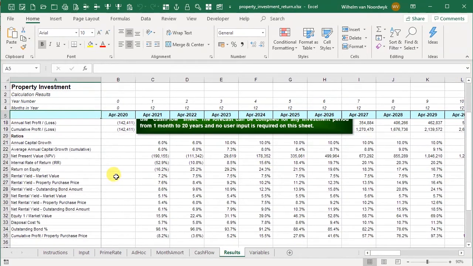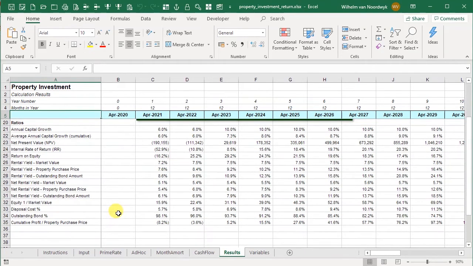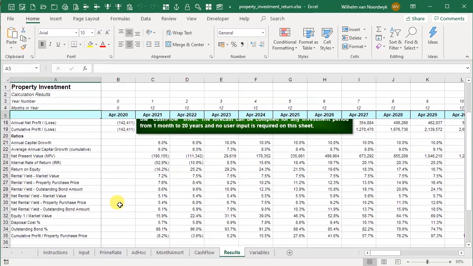And then we have rental yields based on market value, property purchase price, and the outstanding bond amount, both on a gross and a net basis, and just some other indicators like equity in relation to market value, percentage of disposal cost, your outstanding bond percentage, and your cumulative profit.